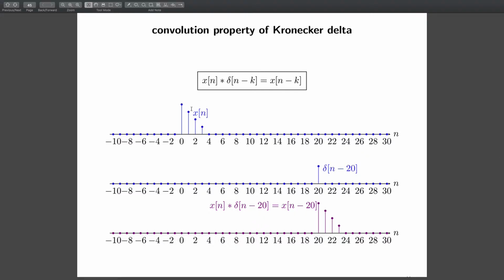If I convolve this signal with this delta function, I will get a delayed version of my original signal. So this doesn't show all of the intermediate steps in convolution with flipping and sliding and so on. This is just the answer, and we can use this now because we proved the general case on the previous slide. So whenever we encounter a signal convolved with a delta function, we know what it does. It just delays that signal.